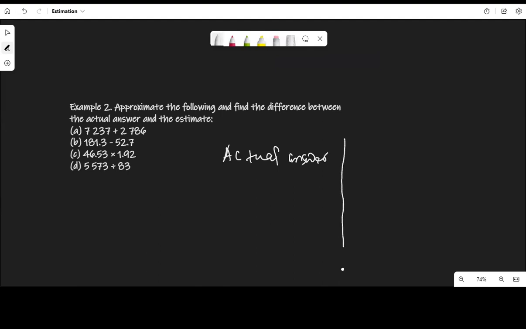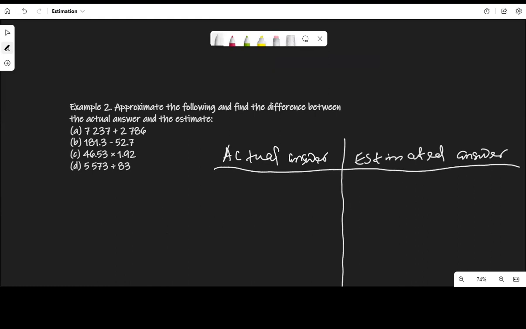On the other column, I will have the estimated answer. For the actual answer, I will use a calculator. So let me bring out a calculator from my system.